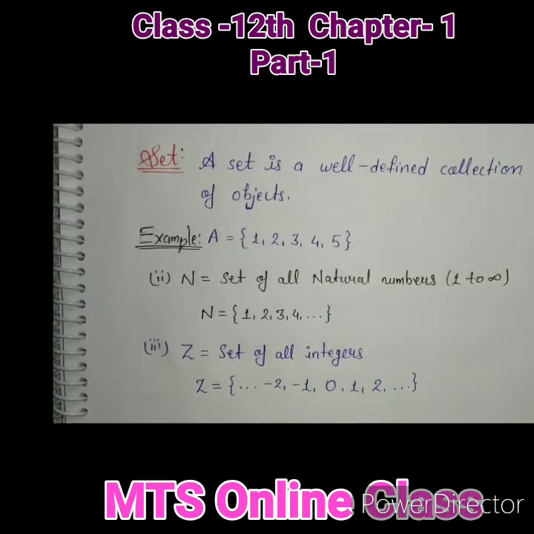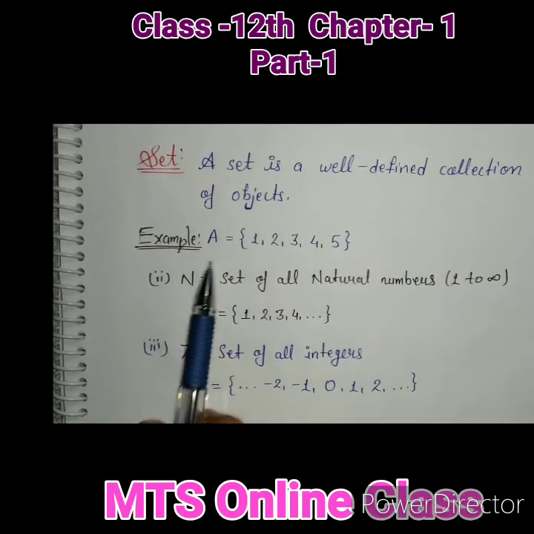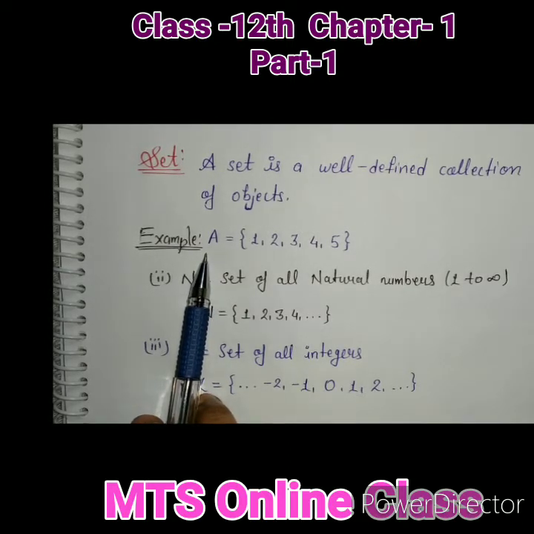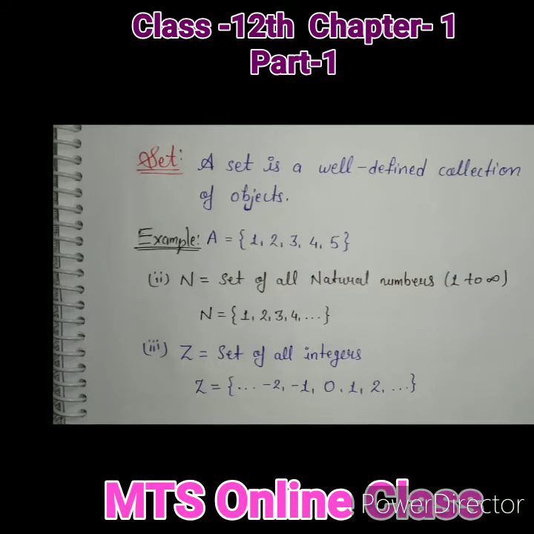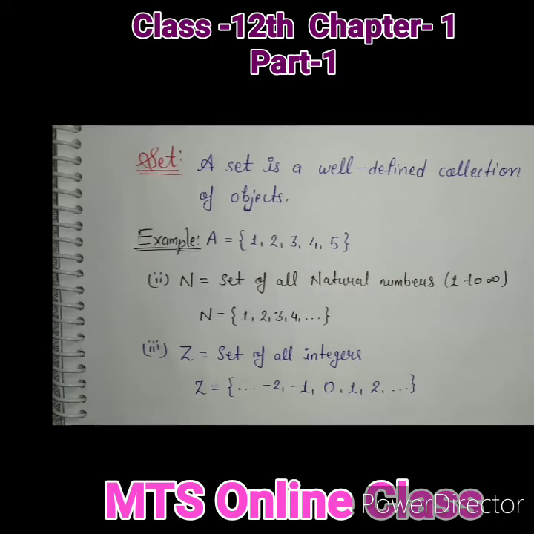Sets are usually denoted by capital letters A, B, C, X, Y, Z, etc. The elements of a set are represented by small letters. For the set of vowel letters, we write small a, e, i, o, u.